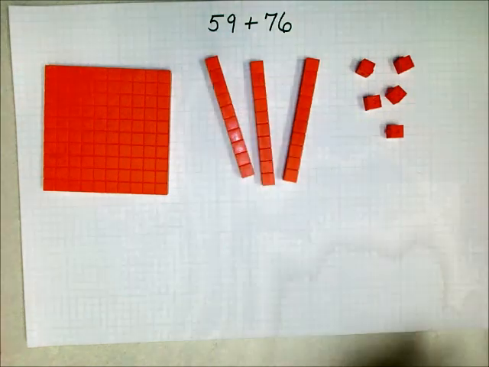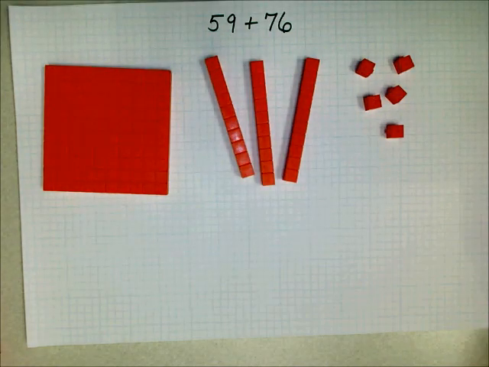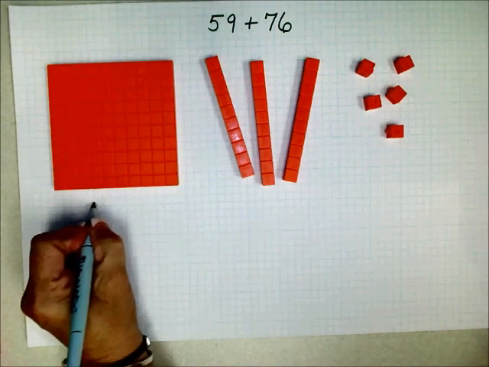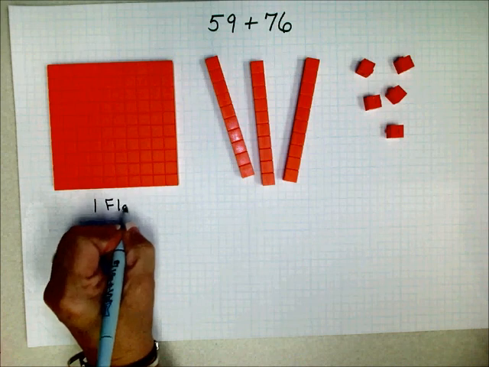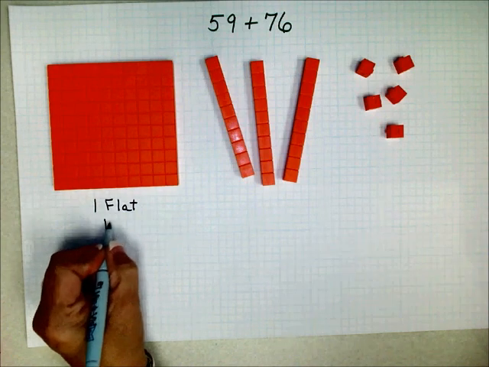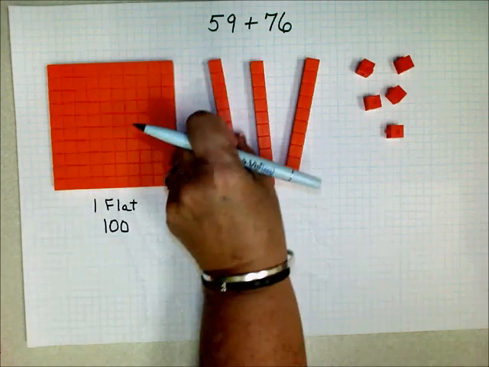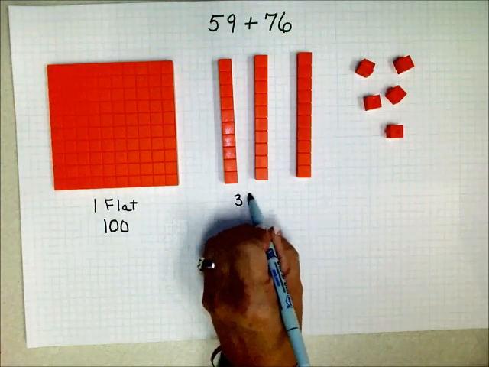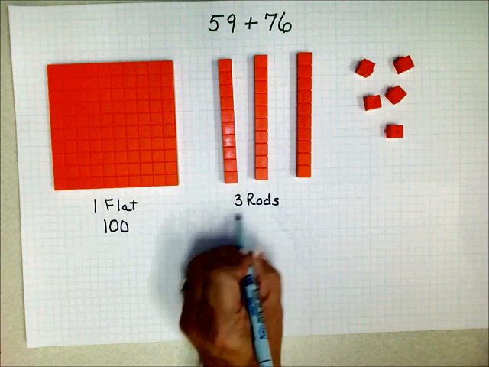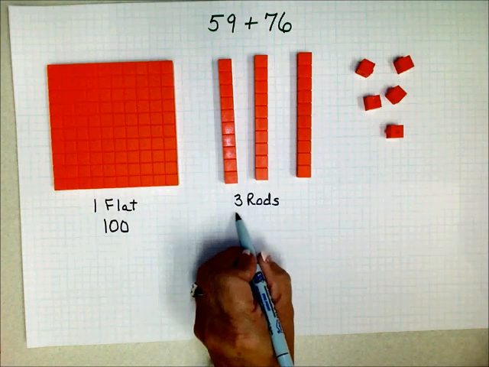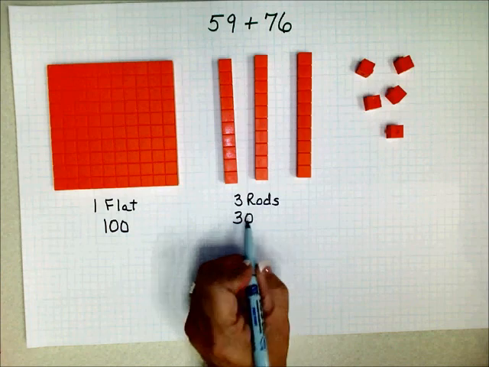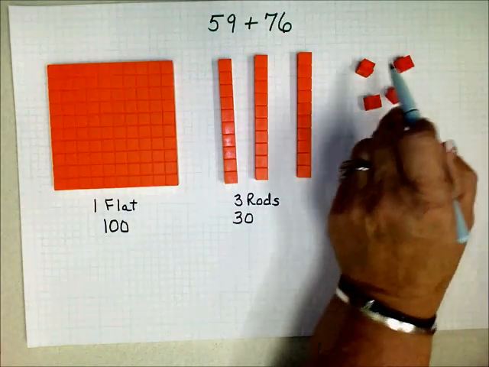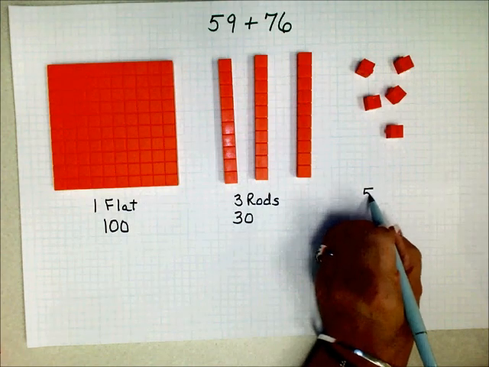So if I look at what I actually have now, I have 1 flat, which equals 100. I have 3 rods, which equals 30, because each rod is 10, and 1, 2, 3, 4, 5 units.